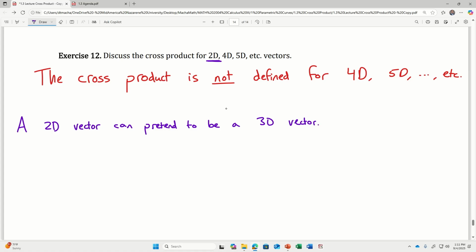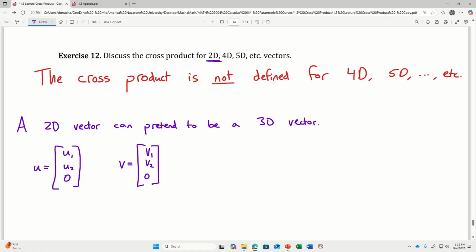For example, if I have a vector u, and it's just a 2-dimensional vector, u1, u2, I can force it to pretend to be a 3-dimensional vector like this. A 2-dimensional vector just lives in the xy plane. Well, in 3-dimensional space, if I just make the third dimension 0, now I've got a vector living in the xy plane.